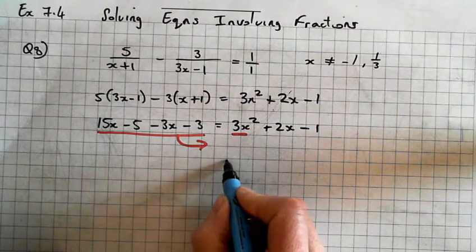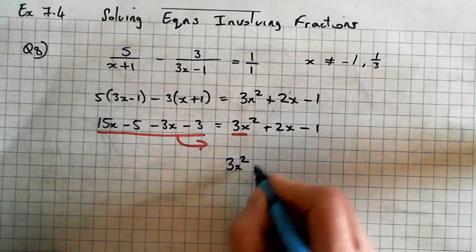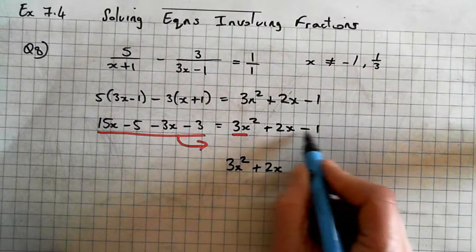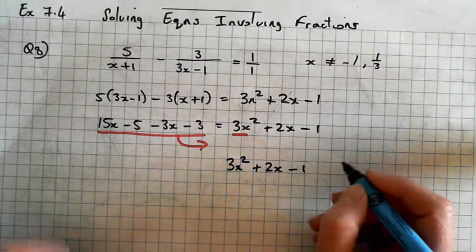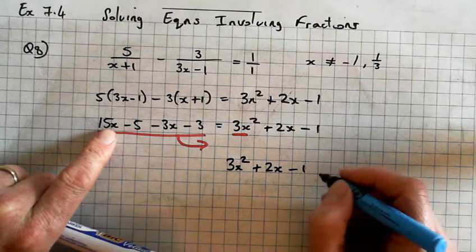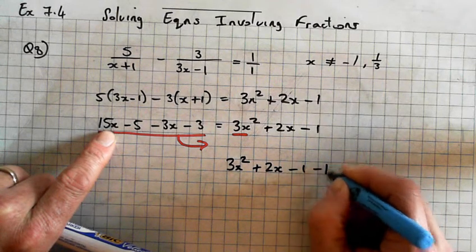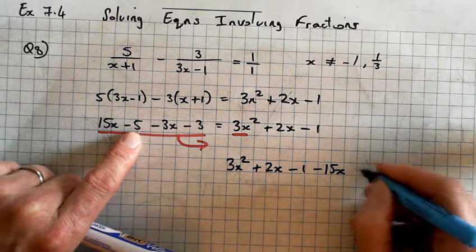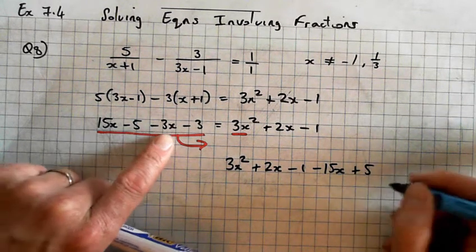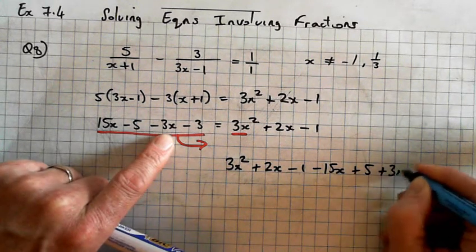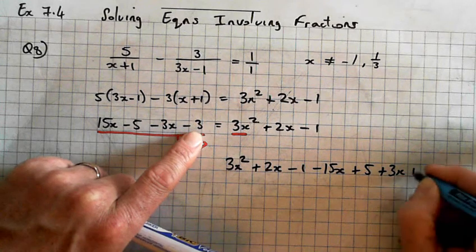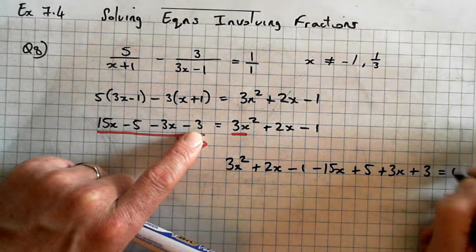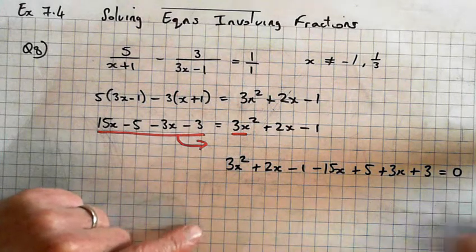I'm just writing down this here as it is. Now we'll move all of this stuff across the equals. So plus 15 becomes minus 15x. Minus 5 becomes plus 5. Minus 3x becomes plus 3x. And minus 3 becomes plus 3. Now add what we can.